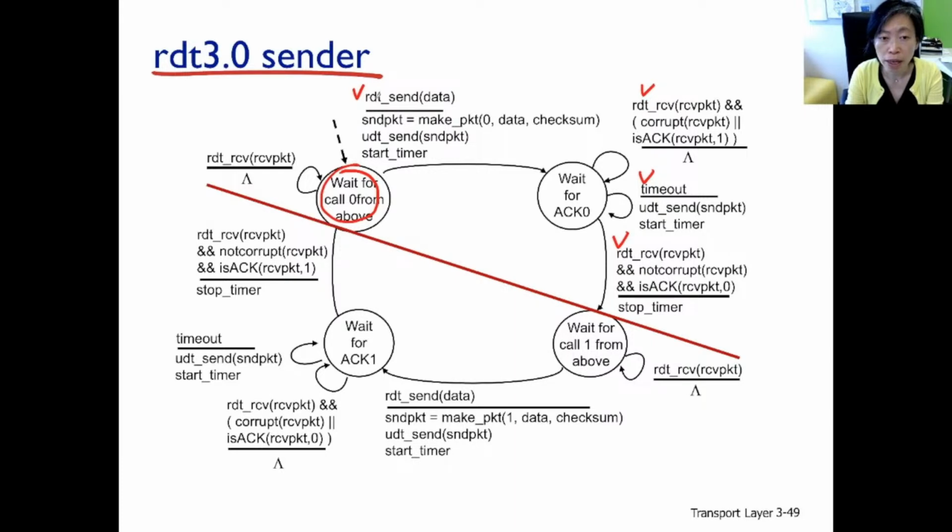So first is to get a call from above. We generate the packet starting from packet 0, send it out, and then start the timer. The other is getting a feedback from the receiver. If it's not corrupted, and it is indeed the ACK we're expecting, then that's a positive acknowledgement, so we stop timer and move on to send the next packet.